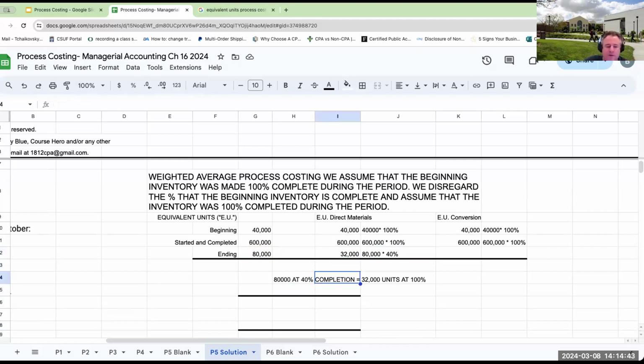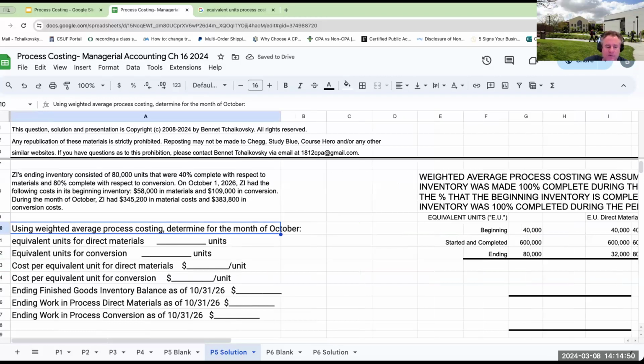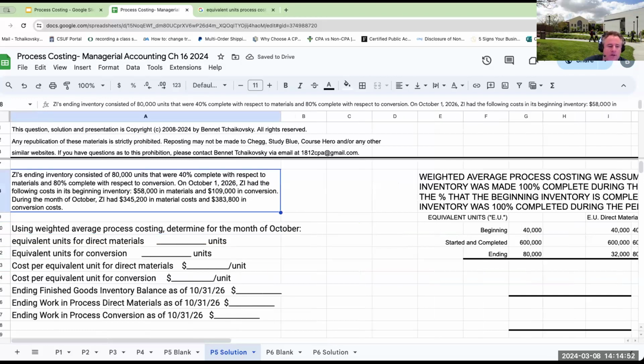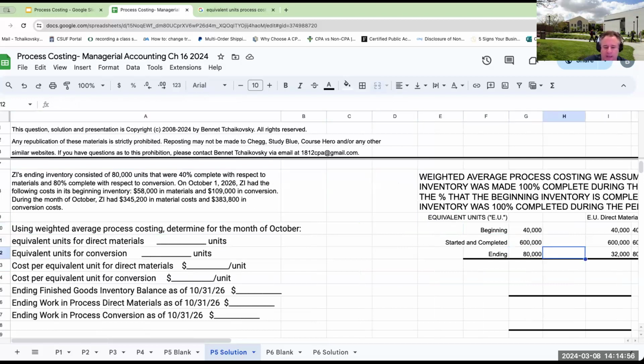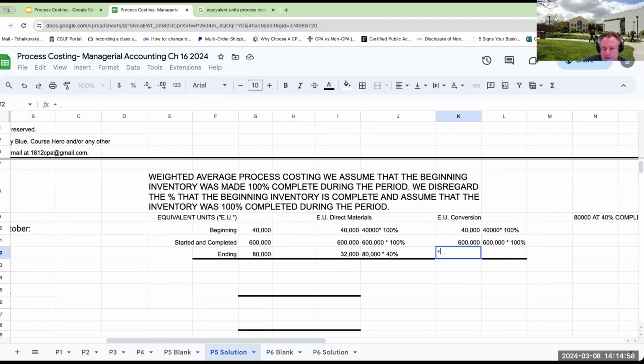Let's now take a look at the equivalent units for conversion. The ending units were 80% complete, so this is going to be 80,000 times 0.8, or 64,000.